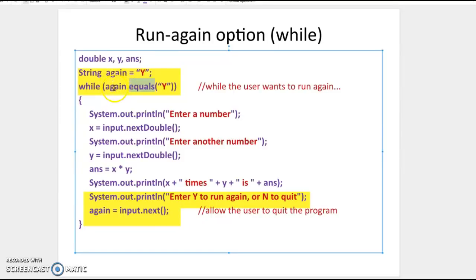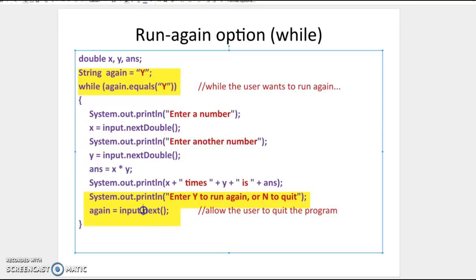So this is asking if that variable equals this, then go ahead and ask for input, do the multiplication, and then here you'll almost see the same, well not the same, but you'll see then we're prompting the user to enter a Y or an N this time. So here we hard-coded the Y to force us to go into the loop. Here, now I'm going to prompt the user and let them tell me whether they want to run this program again or not.